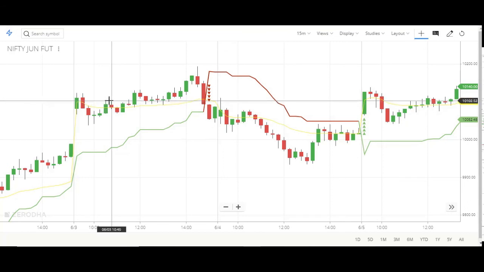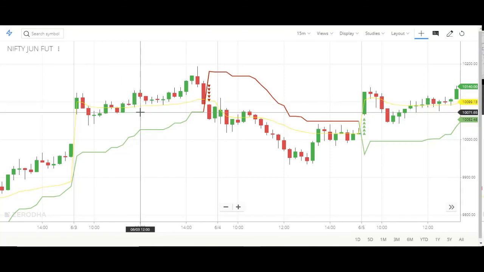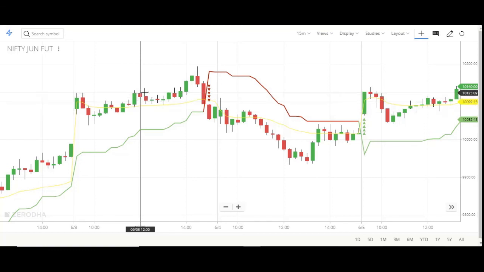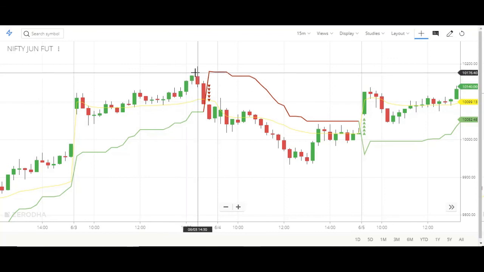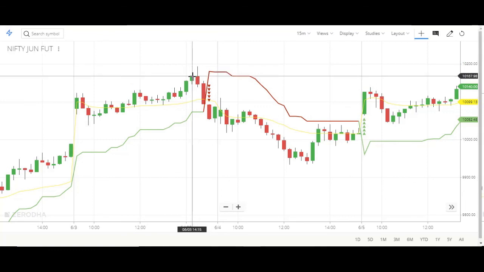The crossover candle is at the level of 10,100, and we'll keep 10,071 as a stop loss, which is 30 points. So we expect at least a 60 point movement, and there is a huge movement, and the market moved till 10,165 where we close our trade.